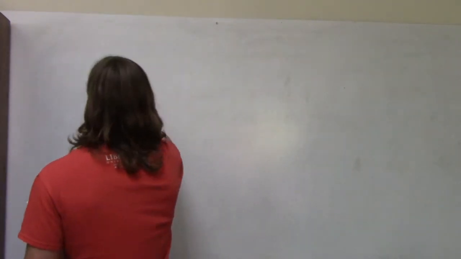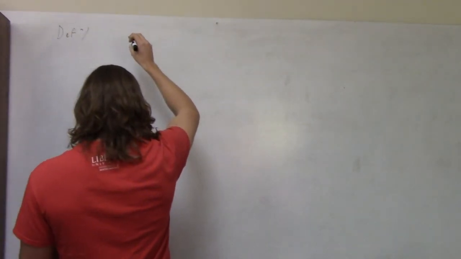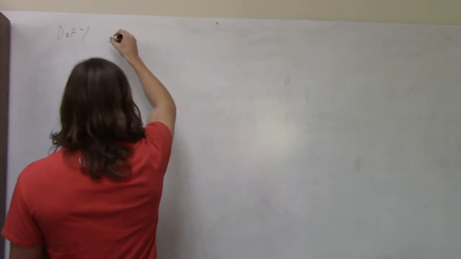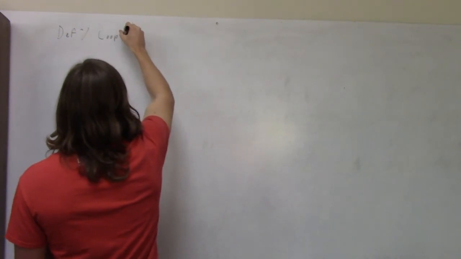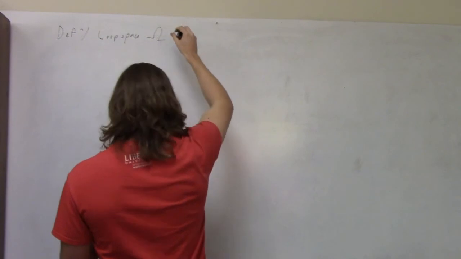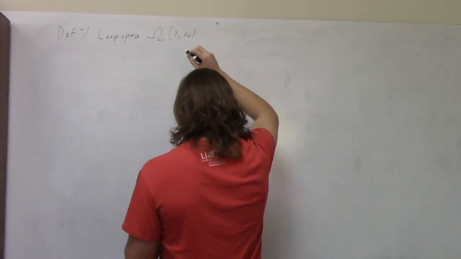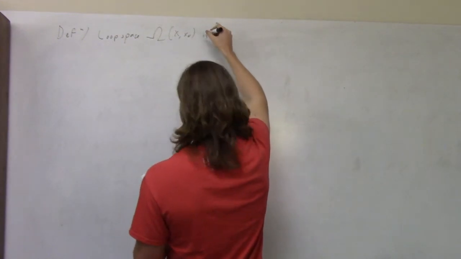So, definition. For the loop space, Omega of (X, x naught) is a function space.